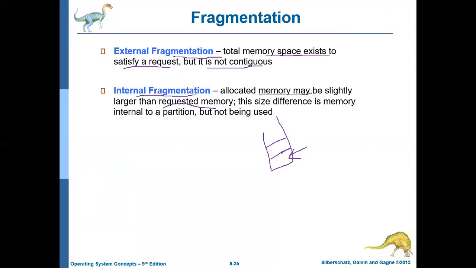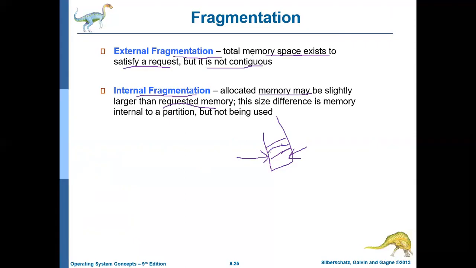Allocated memory may be slightly larger than the requested memory. Most of the time allocated memory will be slightly larger than the requested memory, because even if the process requests 1 MB of memory, you have to allocate one slot. You cannot allocate anything less than one slot. Whatever the process occupies, the remaining will be wasted.